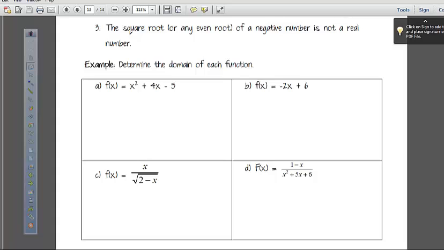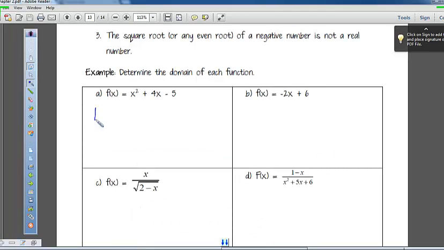Anything works for a polynomial. Okay? So we'll say that the domain is all real numbers, which we can write as that, or I don't know, in your textbook they may have done something like this. Okay, minus infinity to infinity.